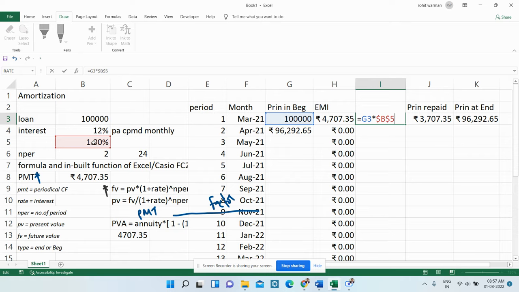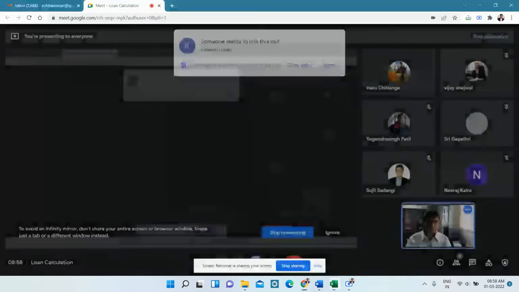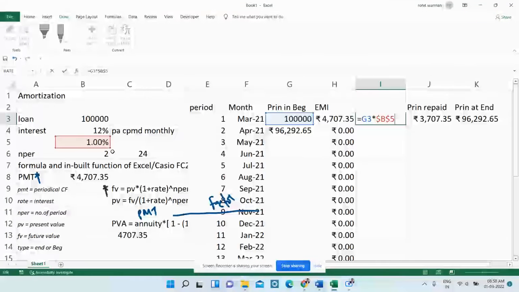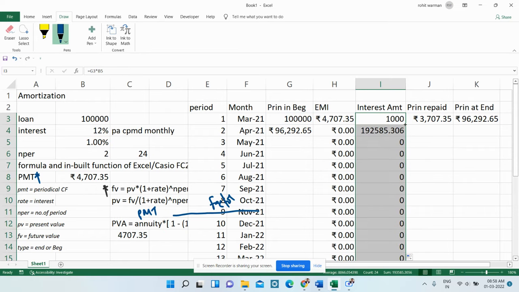Again, I will freeze it using function key F4, and you have a dollar sign. That way you will always see that the principal in the beginning is always multiplied with the 1%. So I just press the F4 function key to have a dollar sign, and then I will complete this also.